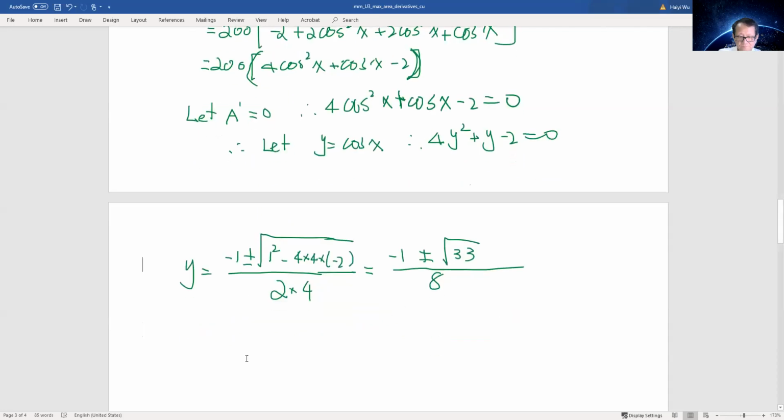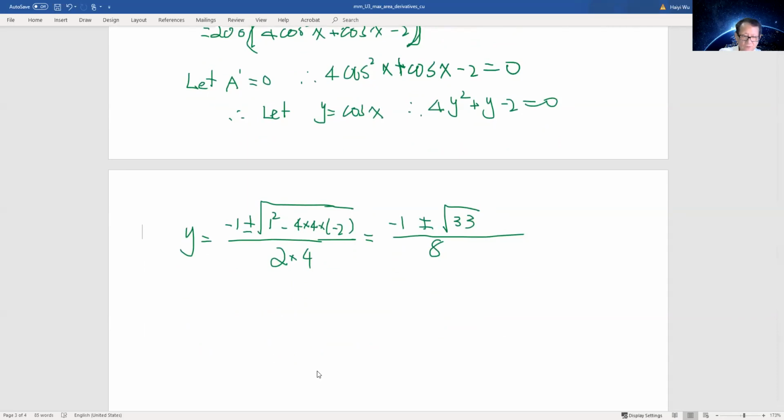Now we have 2 values of y. Since y is cos x, cos x must be equal to negative 1 plus square root 33 divided by 8, or negative 1 minus square root 33 divided by 8. The second is a negative value, but x has to be an acute angle.